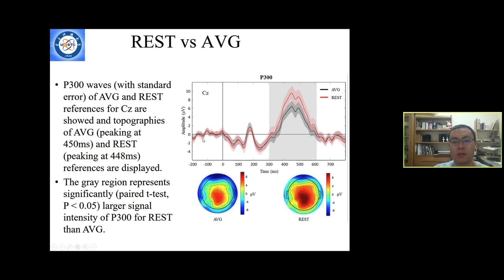We can see that the event-related potentials are different between REST and the average reference. The gray rings represent significantly larger signal intensity of the P300 for REST than average reference.